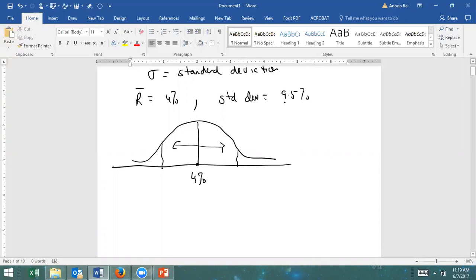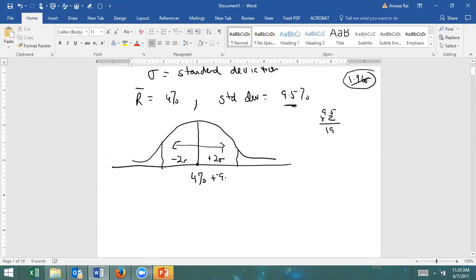And because I found my standard deviation 9.5, if I had 2 standard deviations this way, and 2 standard deviations this way, then I will be able to give you some prediction with, let's say, 95% probability. Now remember, it's actually 1.96, but we'll use 2. So 9.5 times 2, twice the standard deviation, is 19%.